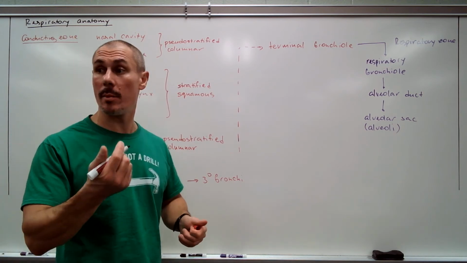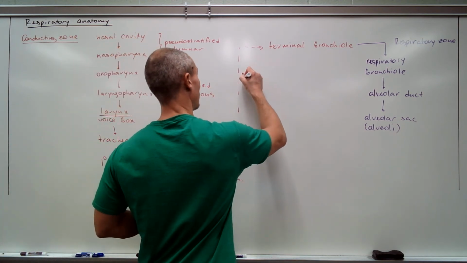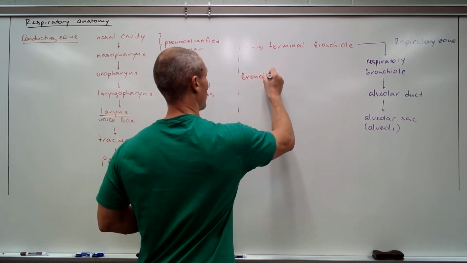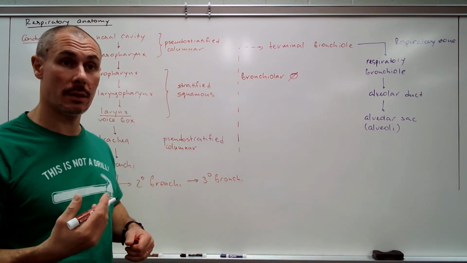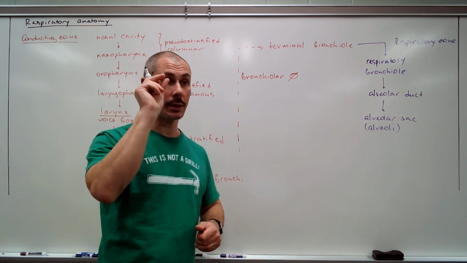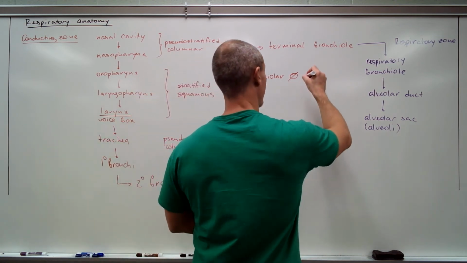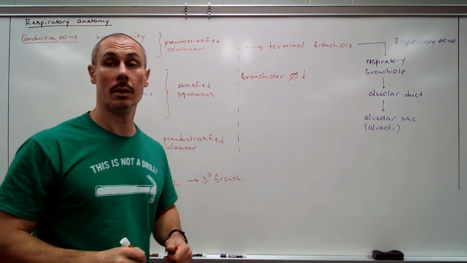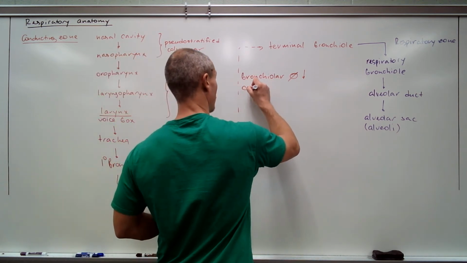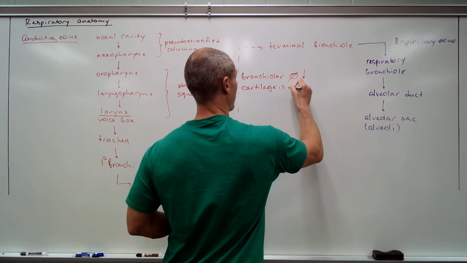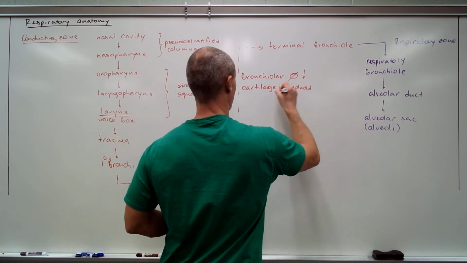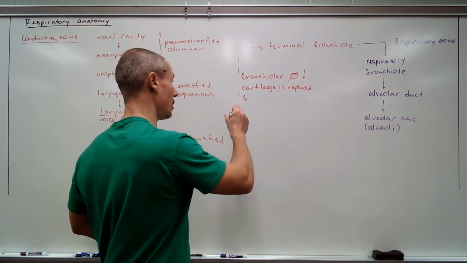So first of all, diameter. Bronchiolar diameter, what do you think happens to it? They become smaller and smaller, right? Makes sense? Cartilage is replaced by connective tissue.